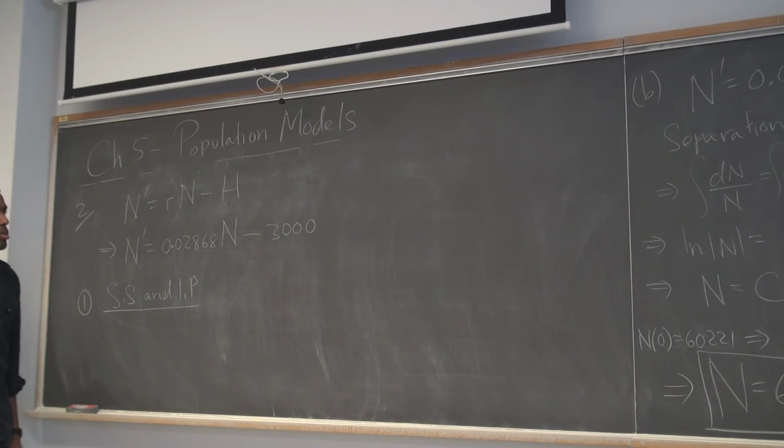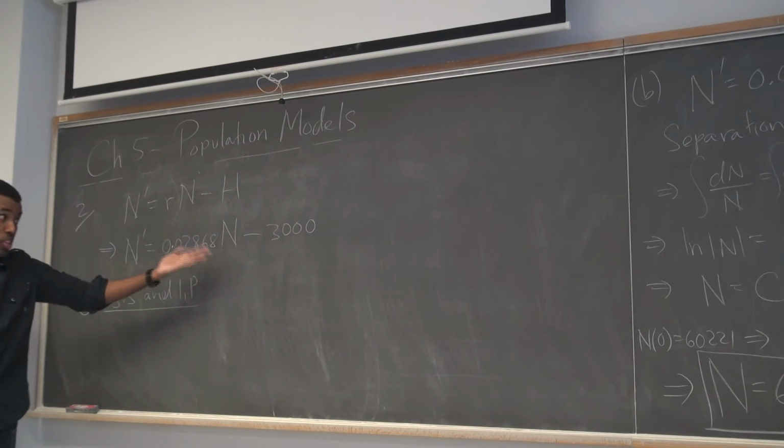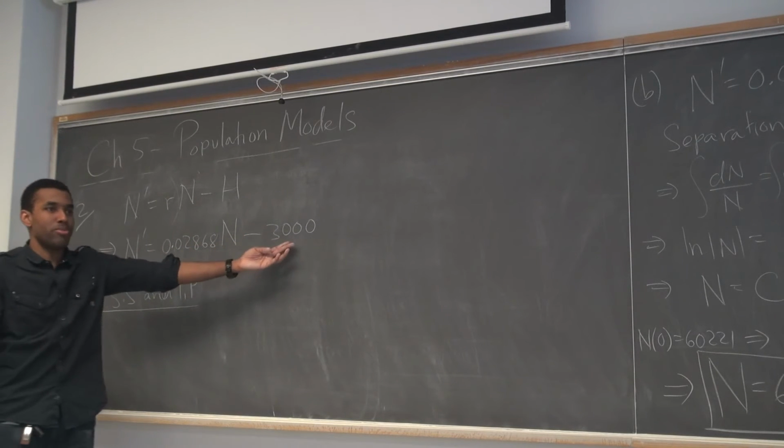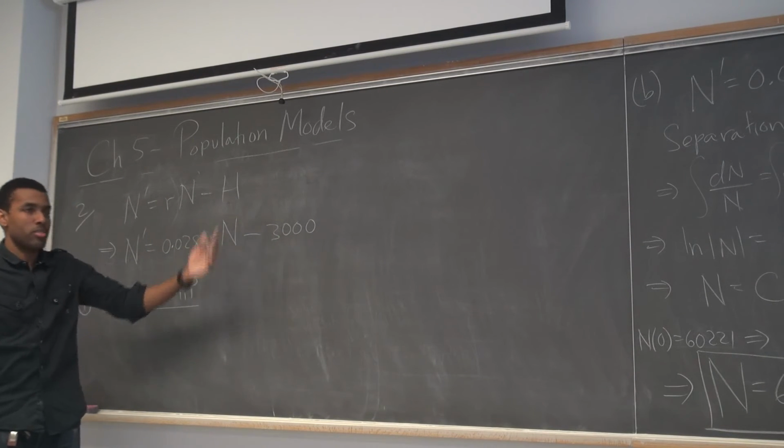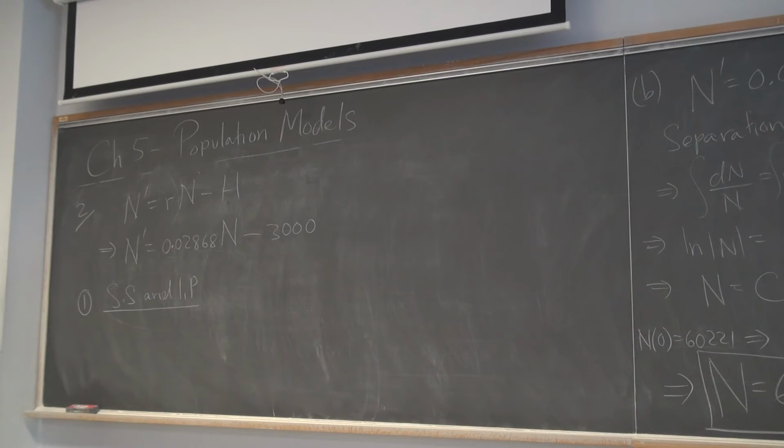Well, it depends on how you're thinking about it. I mean, it could work out with a plus, but when you plug in the numbers, you should have a negative if you're decreasing and a positive if you're increasing. You could actually memorize the formula either way, but because it's harvesting, it's usually assumed that you're taking away something.